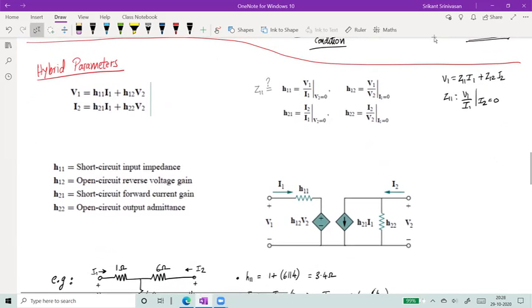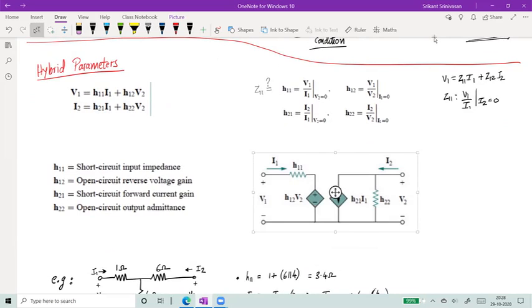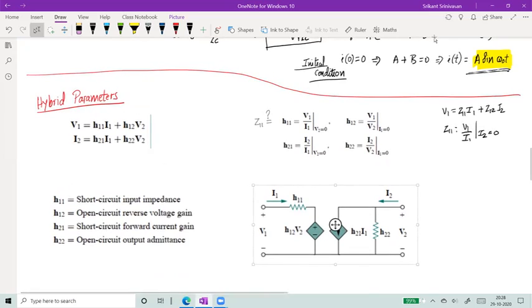If I wanted an equivalent circuit, then I would say that V1 at port 1 and V2 at port 2 are characterized as V1 is equal to H11 times I1. See, in this case, the units are also slightly different.